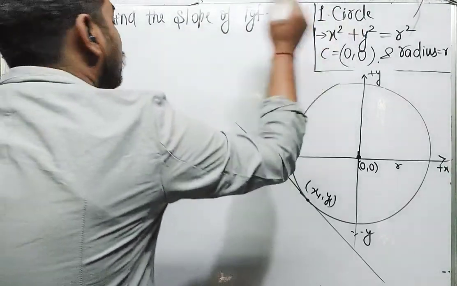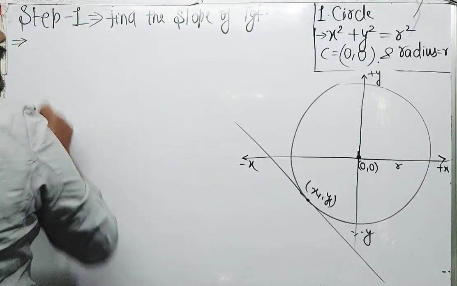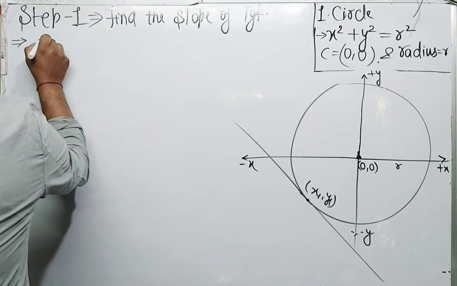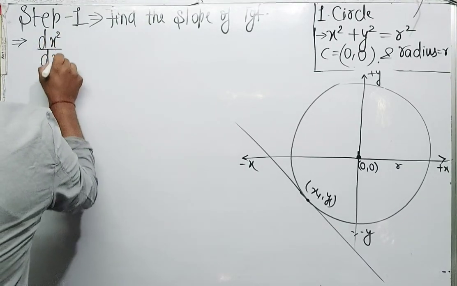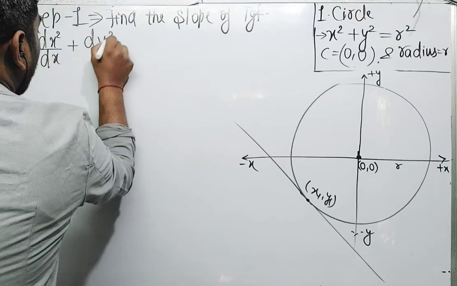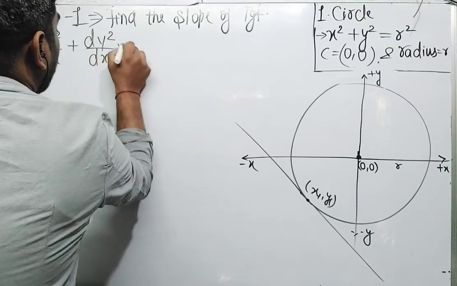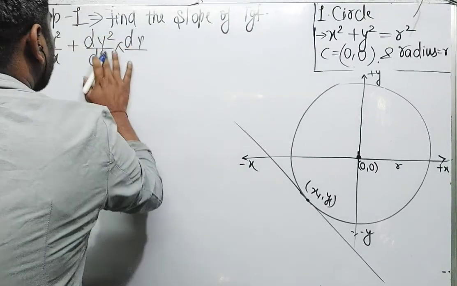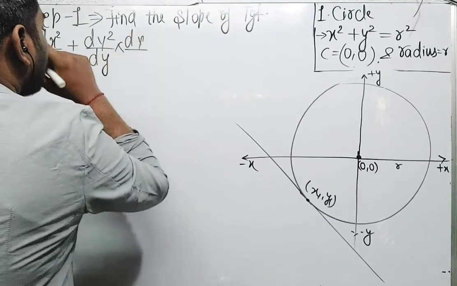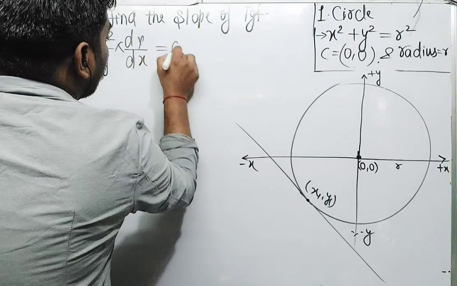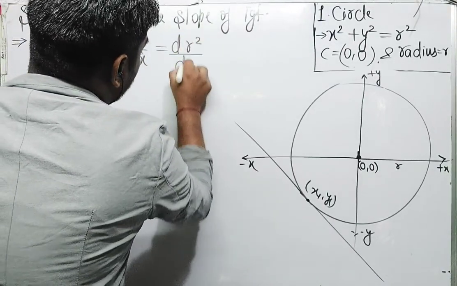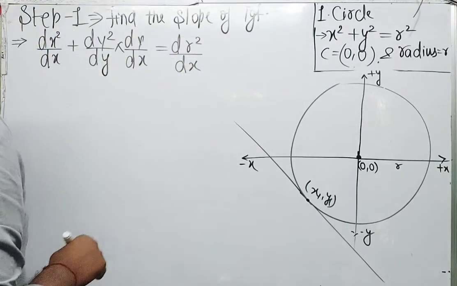So we have the equation x square plus y square is equal to r square. Now differentiating on both sides, we will have d x square upon dx plus d y square upon dx, which can be written as d y square with respect to y and then y with respect to x, is equal to d r square upon dx. So let's differentiate it.